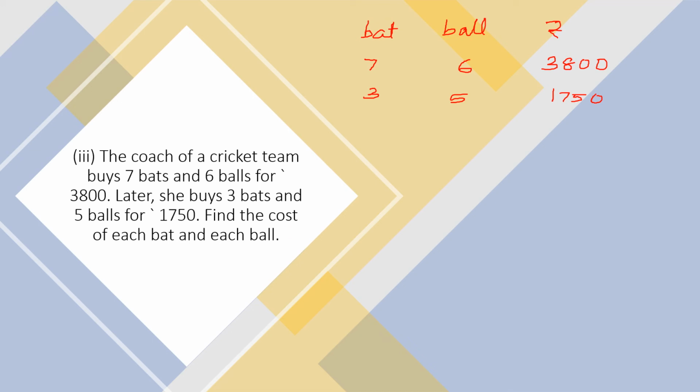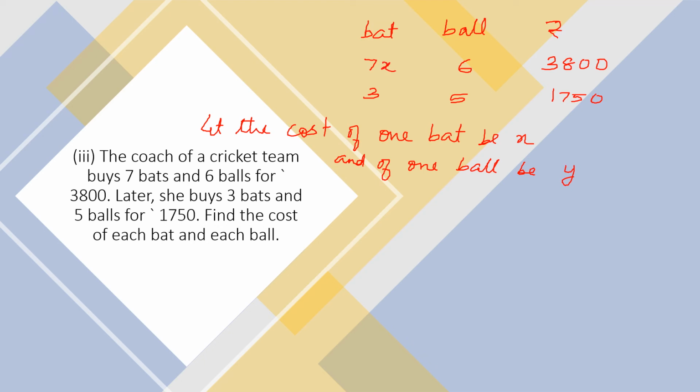We will take, let the cost of one bat be x and of one ball be y. Then for 7 bats, the cost is 7x, and for 6 balls the cost is 6y.